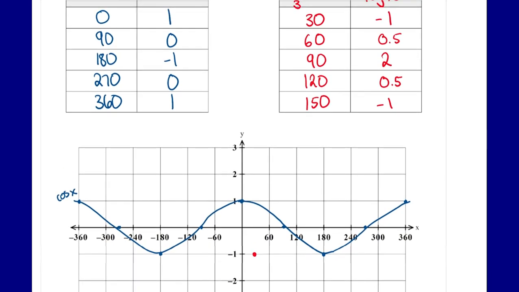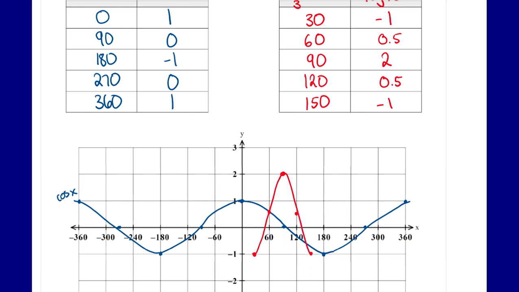We're then at 60 and 0.5. 90 and 2. 120 and 0.5. And 150 and negative 1. So there's one cycle of our function, right?